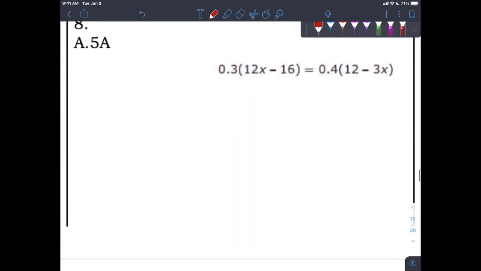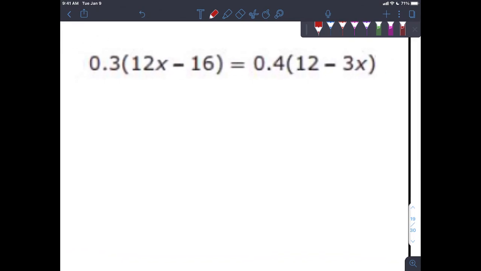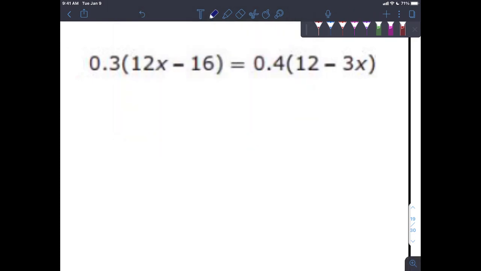All right, let's look at the next one. Here we have an equation that we want to solve. What we're going to do first is analyze this. We're going to look at it and say, oh, there's one digit after each decimal point. So I'm going to multiply both of them by 10.